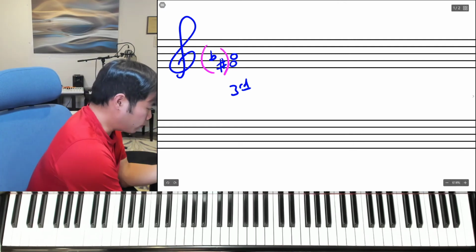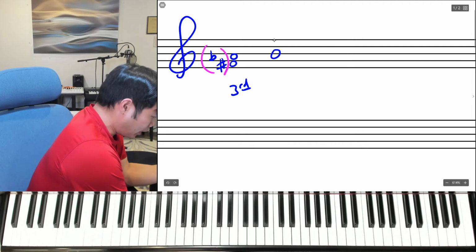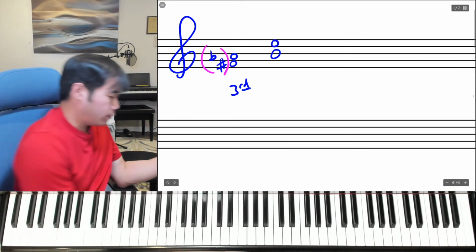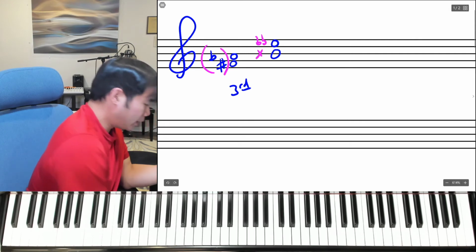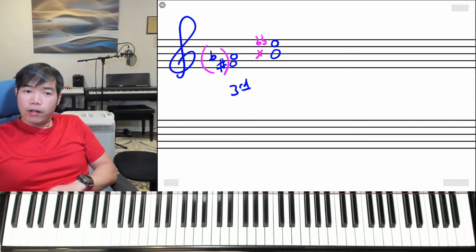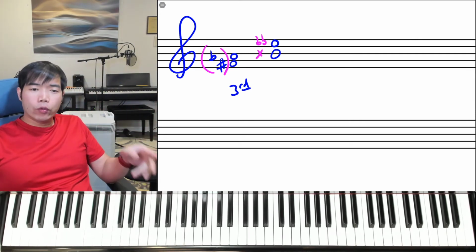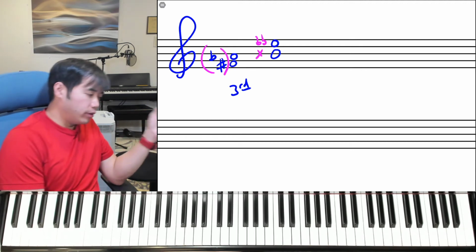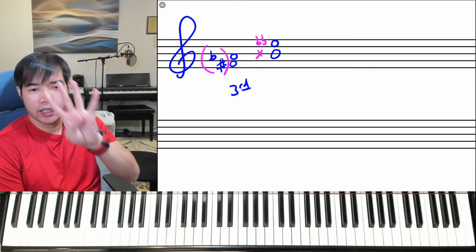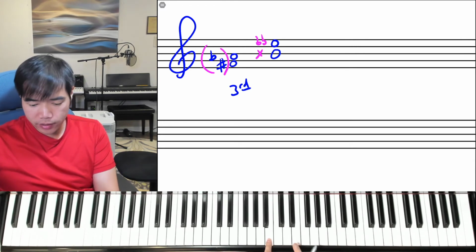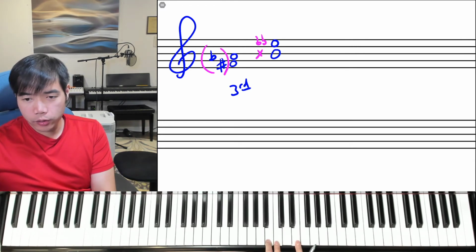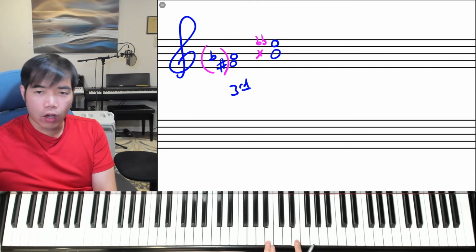Let's do a few more. Still in treble clef. B to E. And again, let's throw some of these crazy accidentals in here. B to E is always going to be a fourth, because B, C, D, E. If I'm looking at the piano, here's the B, here's the E. 1, 2, 3, 4. Always a fourth.